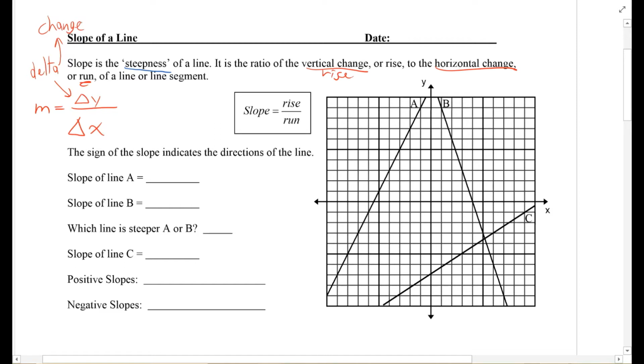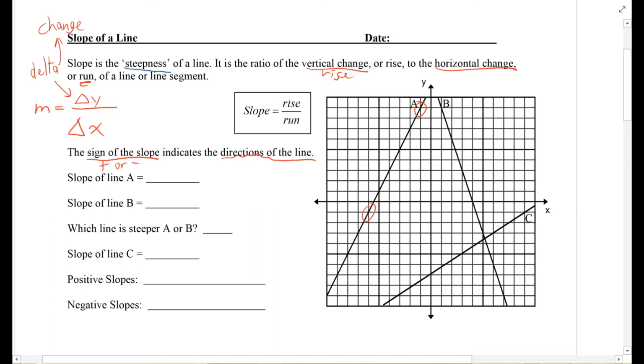The sign of the slope, which is plus or minus, indicates the direction of the line. It doesn't tell us the size. So looking at line A, what we have to do is find two places where the line touches the corner of the grid so we can just count the squares. On here, we will count our rise.